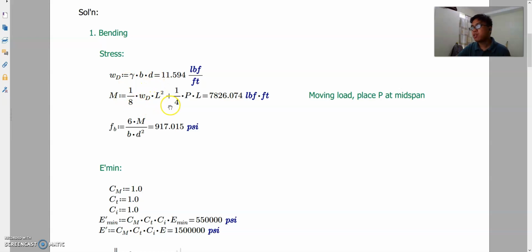And then how about the live load? As you can remember, this is a moving load. And so we place it at the critical point of the beam, which would be what? At the mid-span. Right? We place the concentrated load at the mid-span, and then we have a shortcut formula here, 1/4 PL. You can check if this is indeed the formula for such cases.